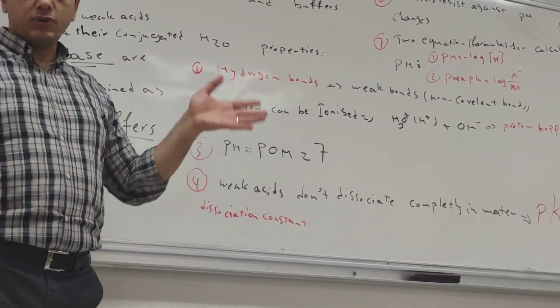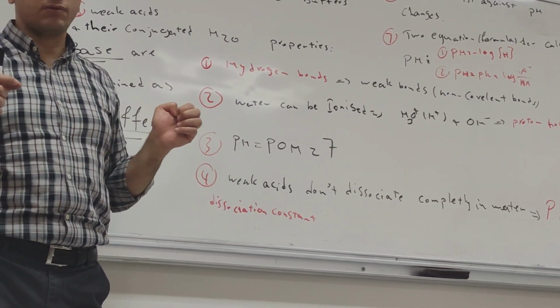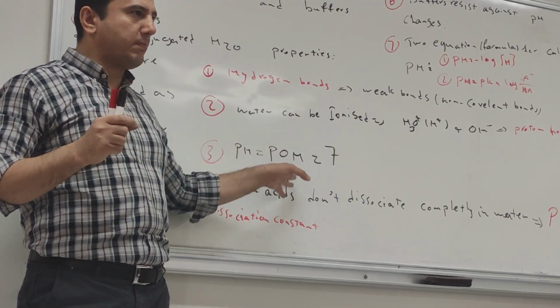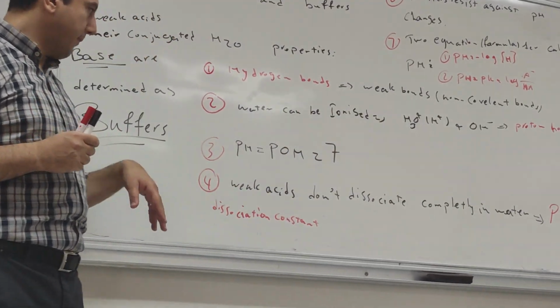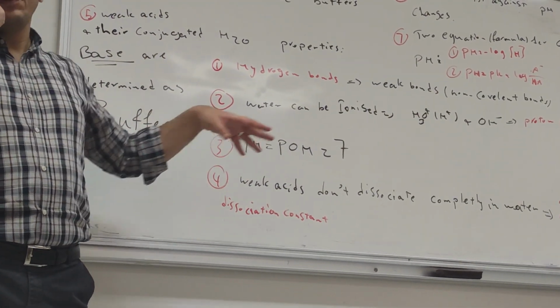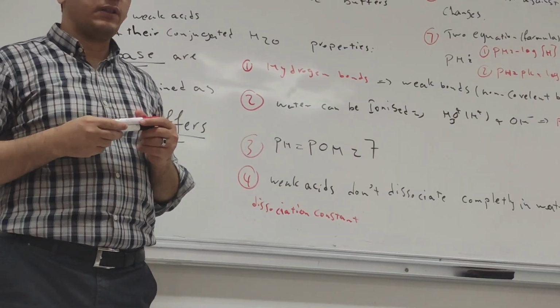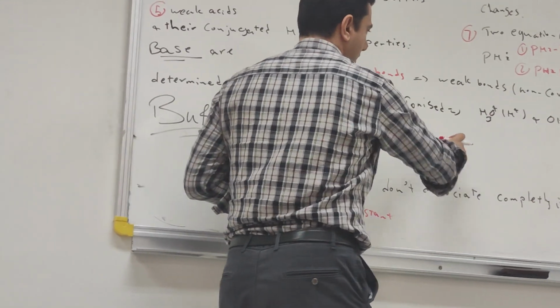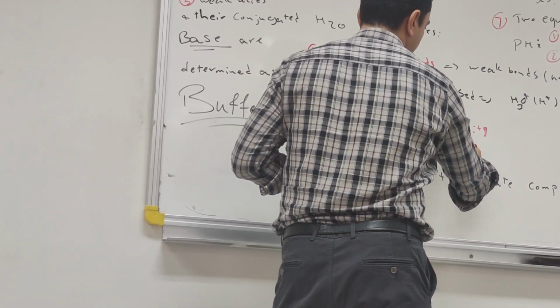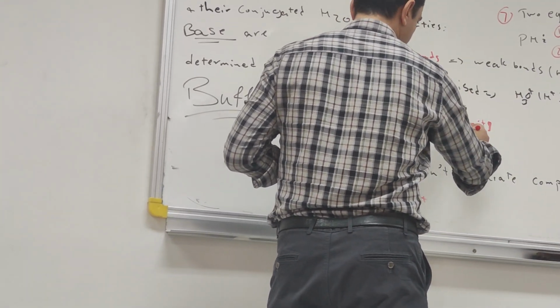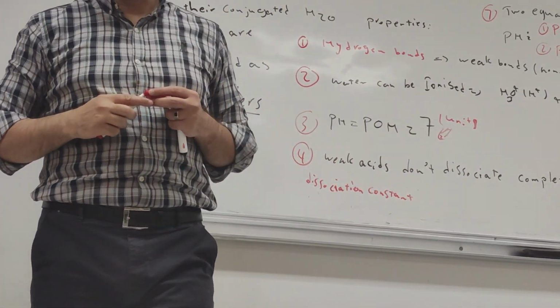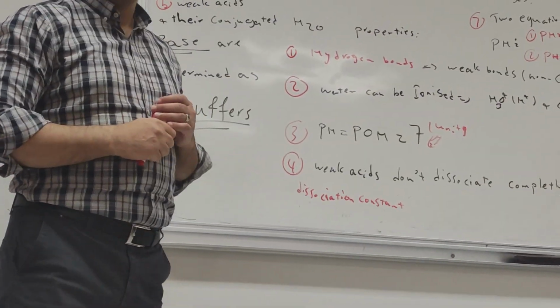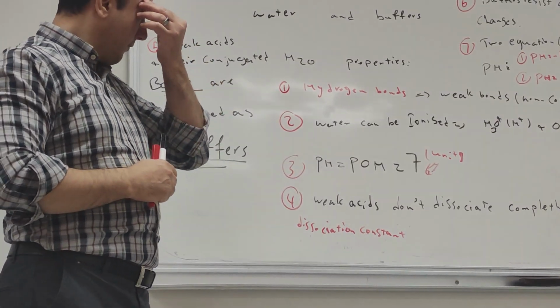pH in a pure water solution, pH is equal to pOH and it is 7. What is the unit for pH? The unit. Don't have. Very good. We don't have any unit for pH. pH has no unit. Yes.